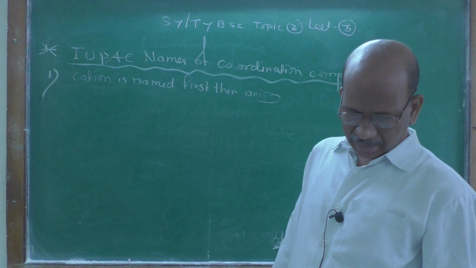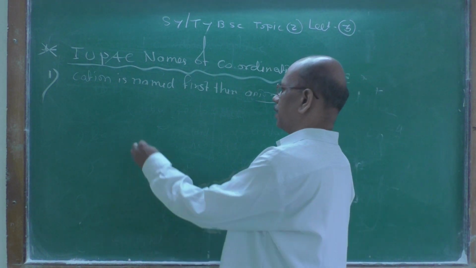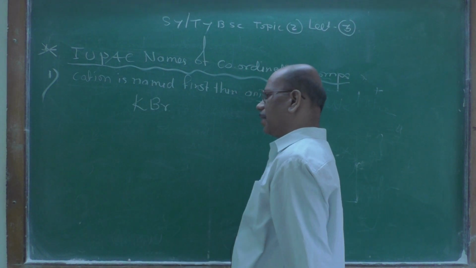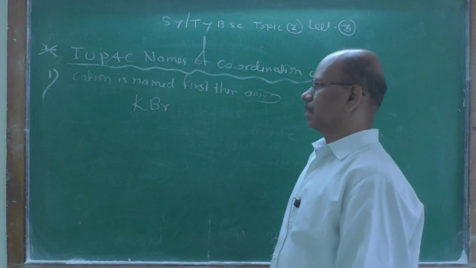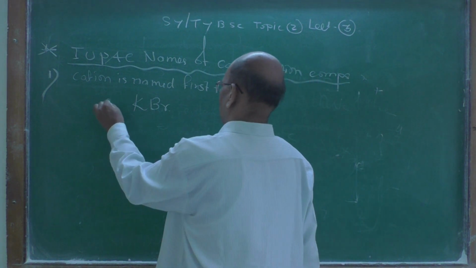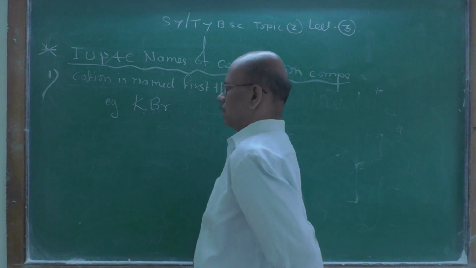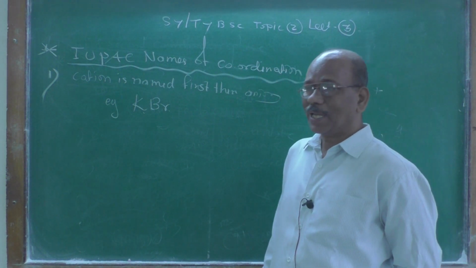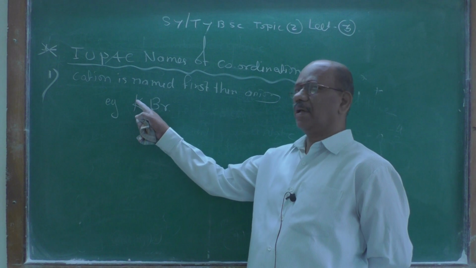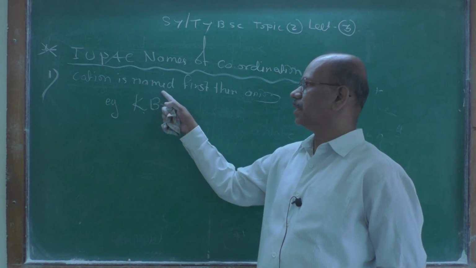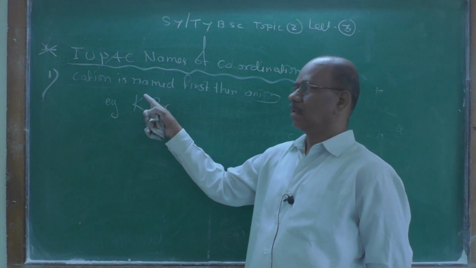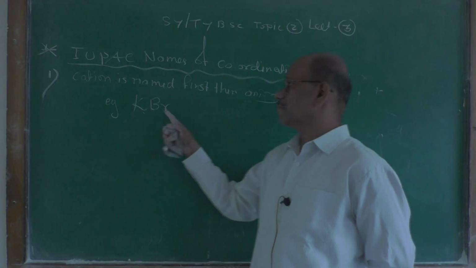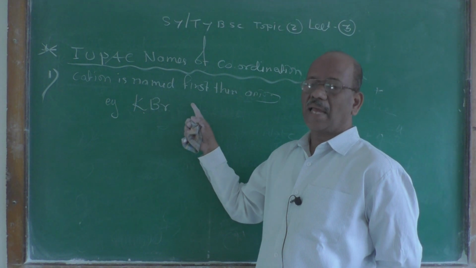I take the example, suppose KBr. It is not a coordination compound, but for example KBr. So we give the name as potassium bromide. Why potassium bromide? It is a cation, it is an anion. K plus, Br minus. K plus is the cation, Br minus is the anion.